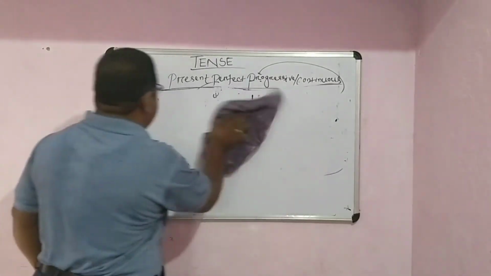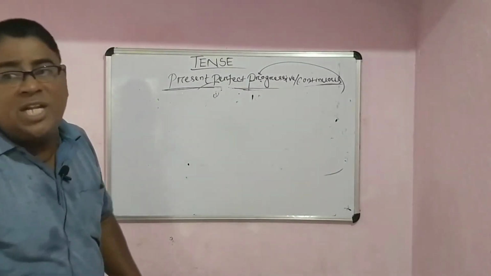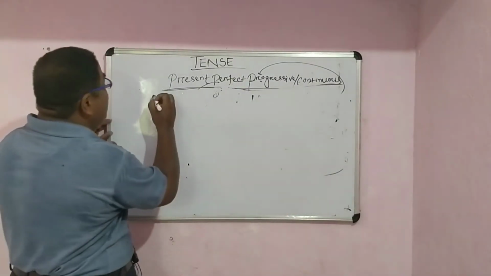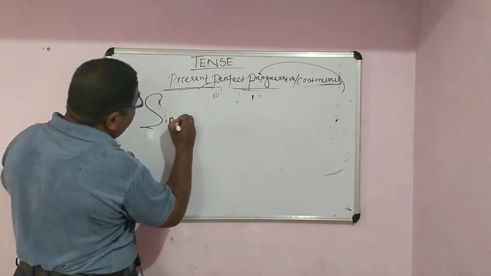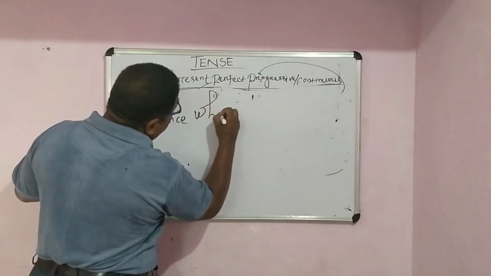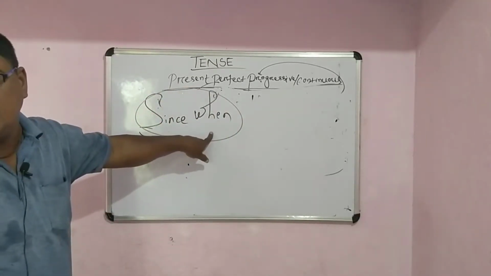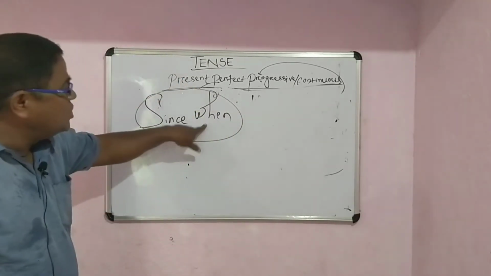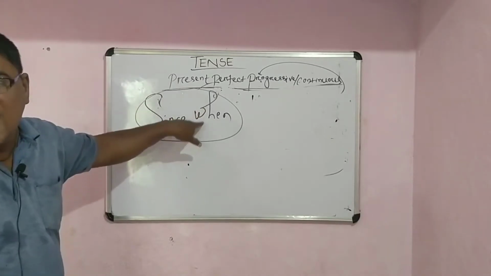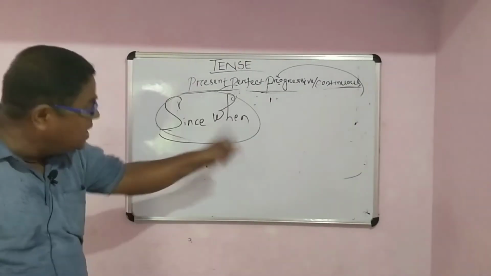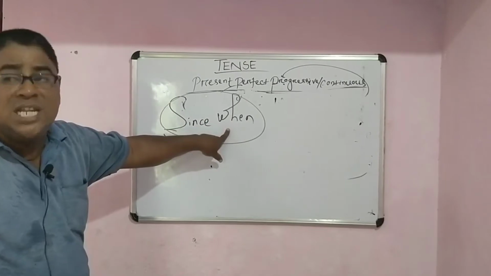Another very interesting thing is the interrogative pattern. If the sentence begins with an interrogative pattern, how do you know? Remember, when your interrogative sentence begins with since when, since when means a certain action began in the past and it is still continuing. Only thing is that here the sentence is interrogative.